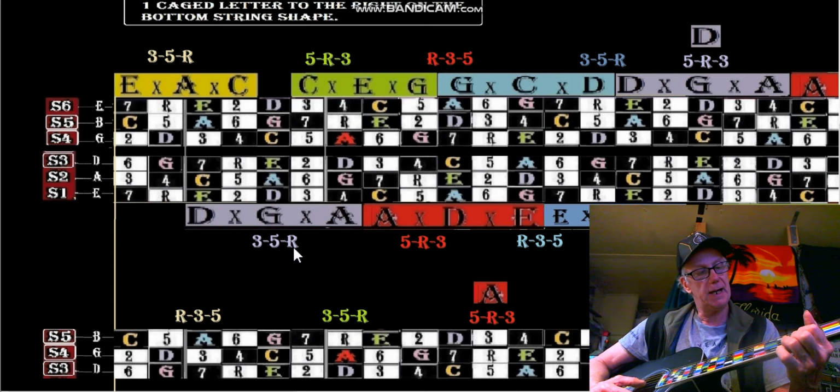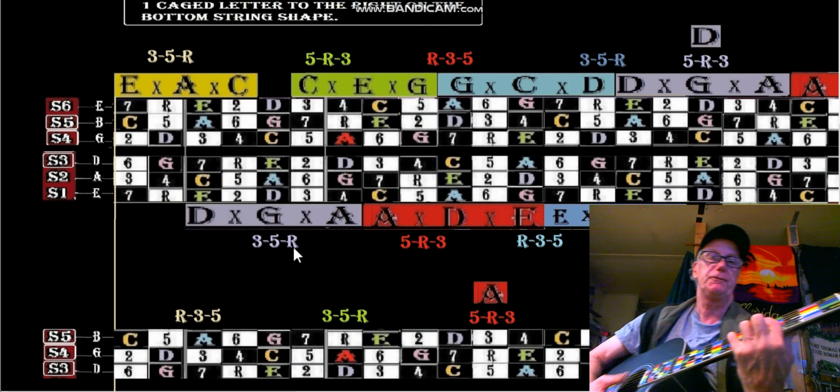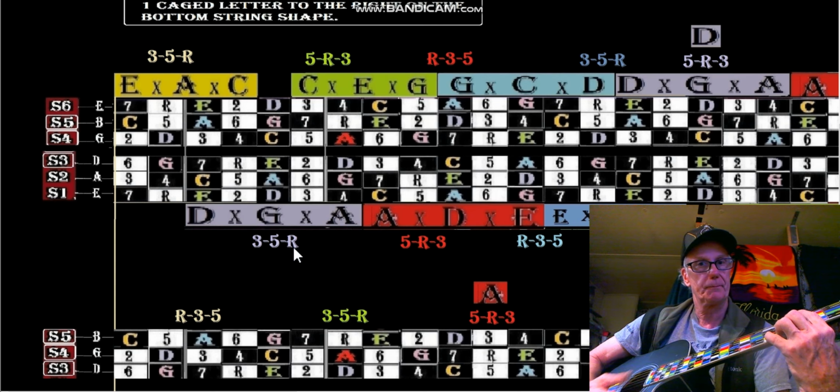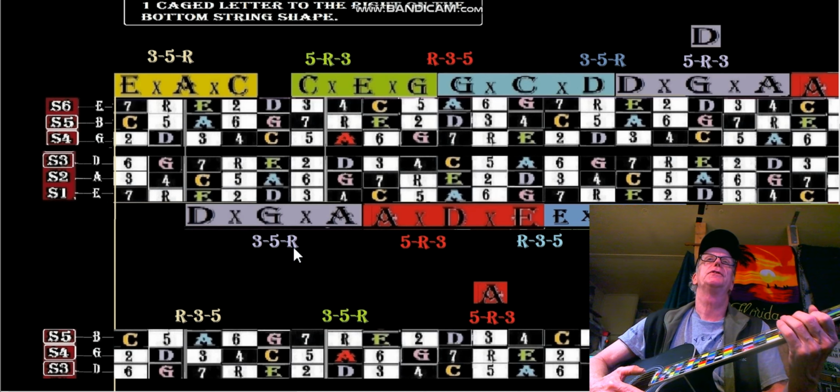I can do that, but your fret nut's here, so you can only play the C shape. Going to the left, pentatonic C would go to the D shape here. Okay, so we get that 3 5 root, first inversion on the D.